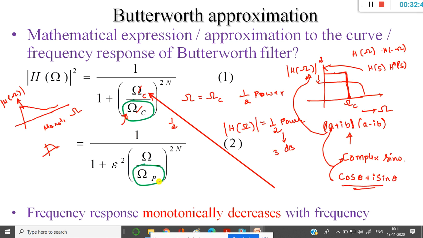So let me stop here. In the next class I'll go to another level. This is just an equation. With this equation we should obtain the roots.